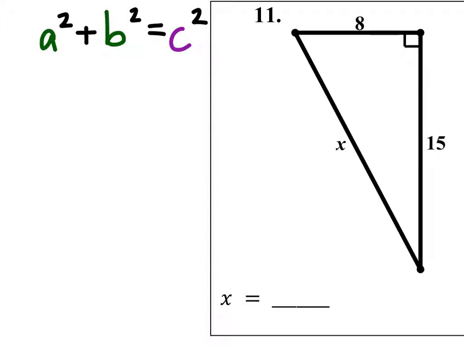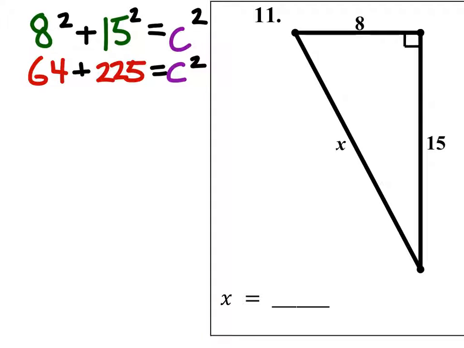Alright, this one, instead of using a, b, and c, they have an x value, which is just an unknown. And in this case, they gave us both the legs. So I have 8 and 15 on that. So 8 squared and 15 squared. So let's go ahead and add 64 and 225, which then would give us 289.